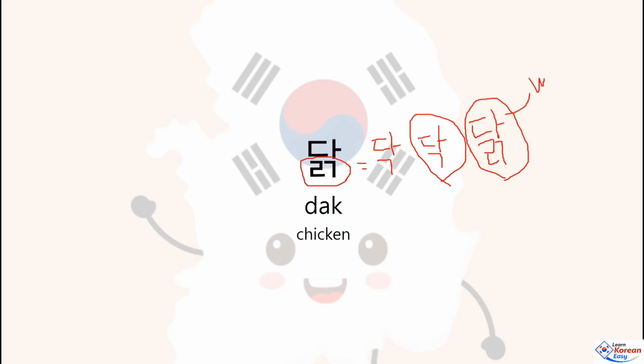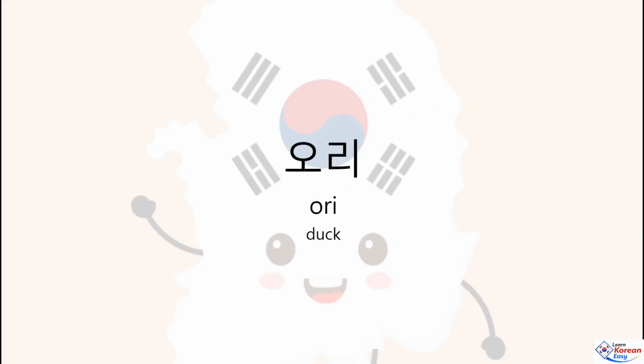I'll just put W, and this is the pronunciation. 닭. Okay. So 닭, chicken. All right. Next one. Duck is 오리. 오리 is duck.